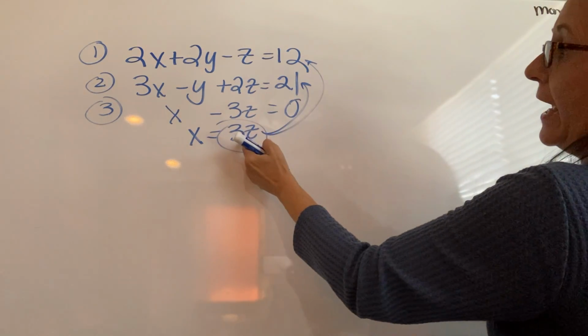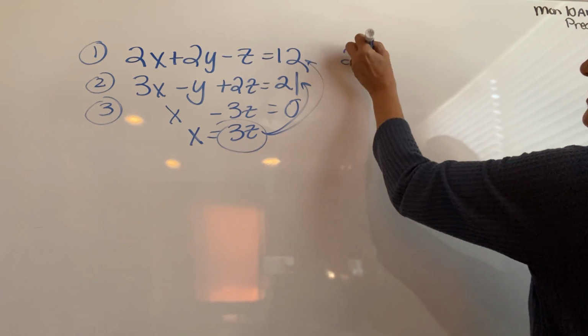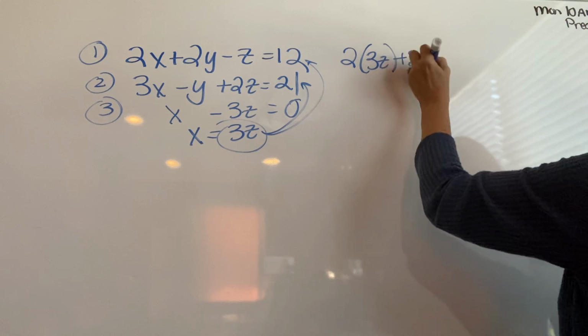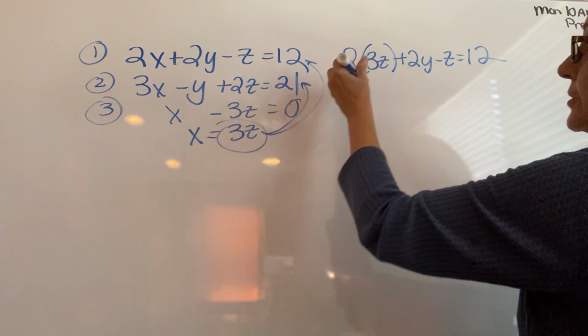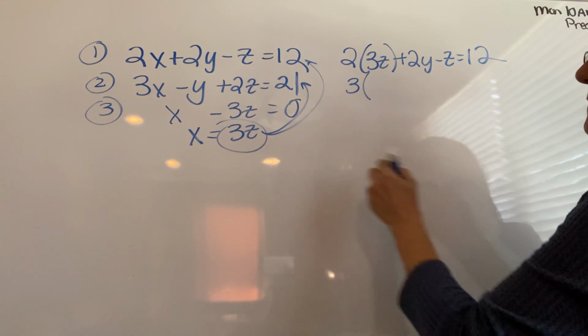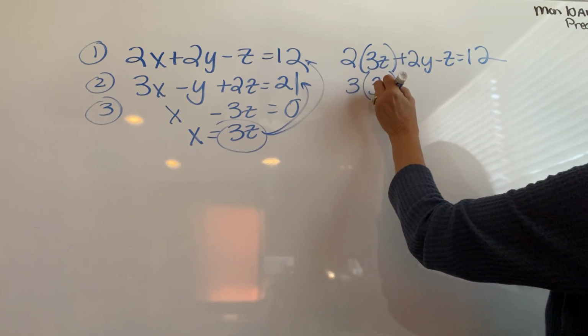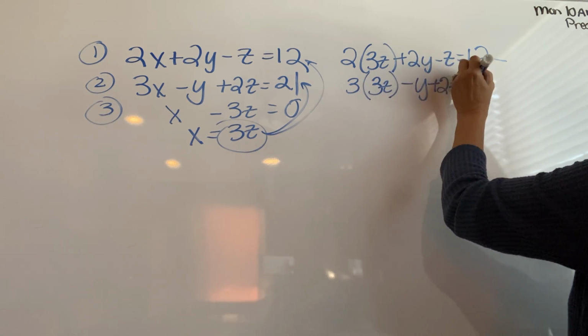And so for x, I'll put in 3z. So in equation 1, it's 2 times 3z plus 2y minus z is 12. In equation 2, it's 3 times, substituting in for x, 3z minus y plus 2z equals 21.